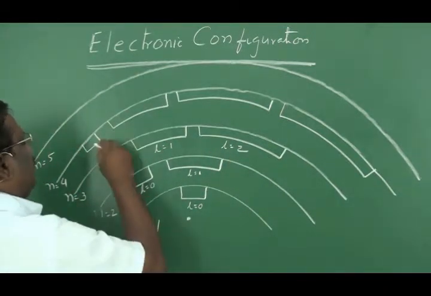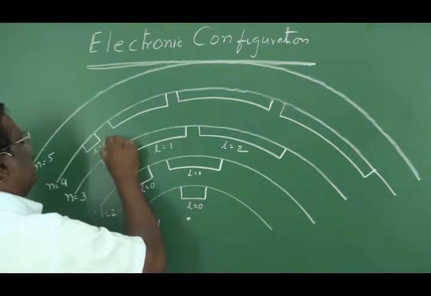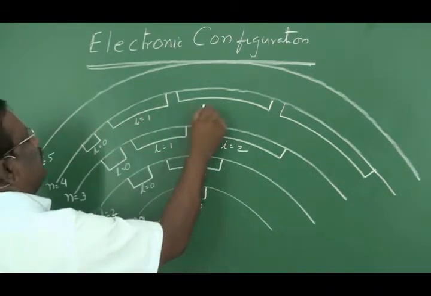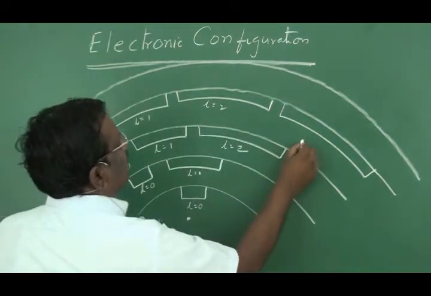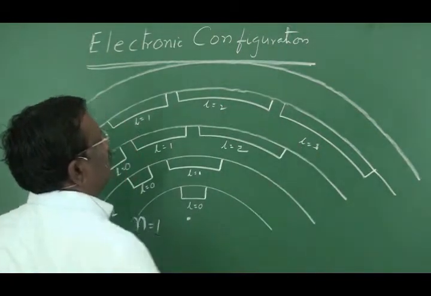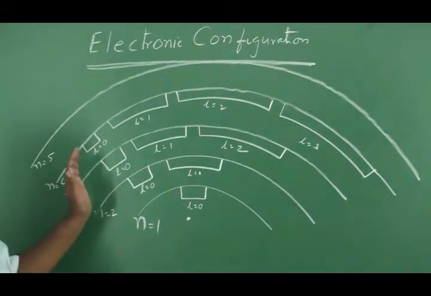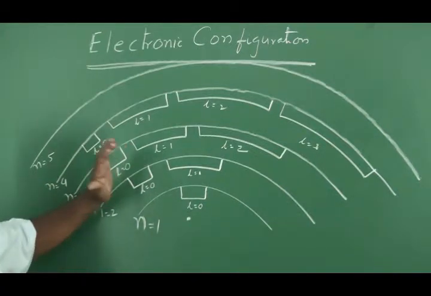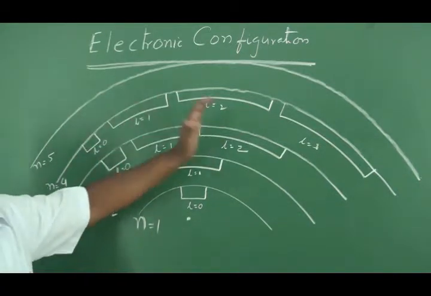Similarly, in the fourth energy level, we have 4 sub-energy levels: l is equal to 0, 1, 2, 3. That means the l values are from 0 to n minus 1.